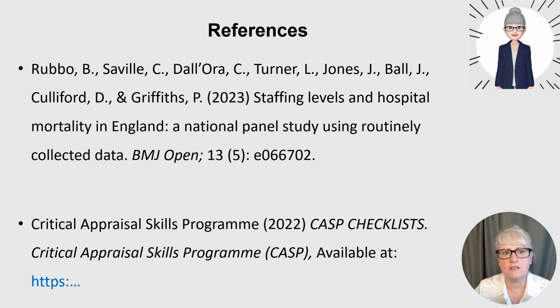So if you're interested in the full reference for the open access paper that I used by Rubo et al., Staffing Levels and Hospital Mortality in England, a national panel study using routinely collected data, and that is an open access paper. The Critical Appraisal Skills Programme, CASP checklist, you will find on the website for the Critical Appraisal Skills Programme, and I'm not allowed to put the actual web link there because it takes you off YouTube.